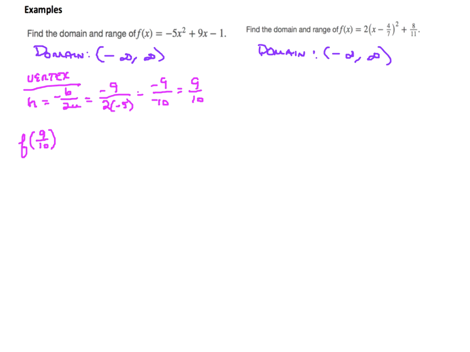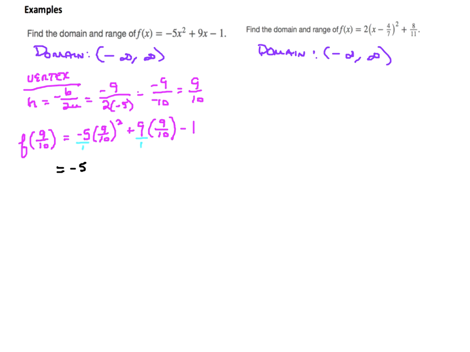So I'm actually going to have to plug in a bunch of fractions. f of 9/10 is equal to -5 times (9/10) squared, goodness, plus 9 times 9/10 minus 1. So I'm going to make everything look fractiony here. That -5's over 1 and that 9's over 1.